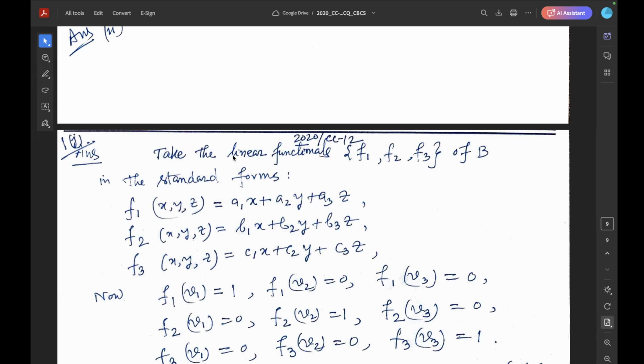Take the linear functionals f1, f2, f3 of B in standard form. f1 of (x, y, z) equals a1 x plus a2 y plus a3 z. f2 of (x, y, z) equals b1 x plus b2 y plus b3 z. f3 of (x, y, z) equals c1 x plus c2 y plus c3 z.